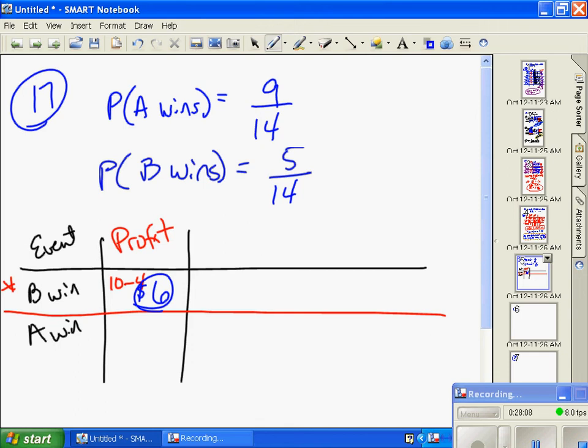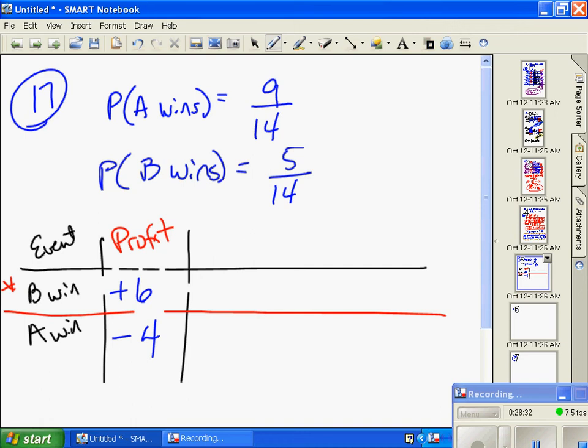That means you've lost your $4. Now think about that again. Does that make sense? There's $10 on the table, but you put in an initial $4. So if Team B wins, which is a team you're betting on winning, you're only going to profit $6. But if the other team wins, you're going to lose the $4 that you put down on the table.